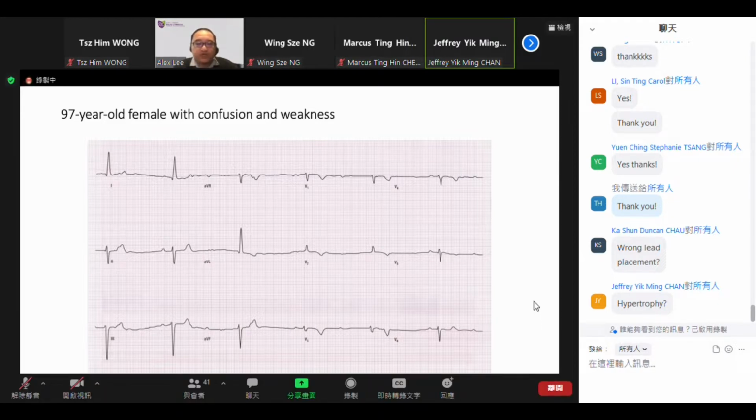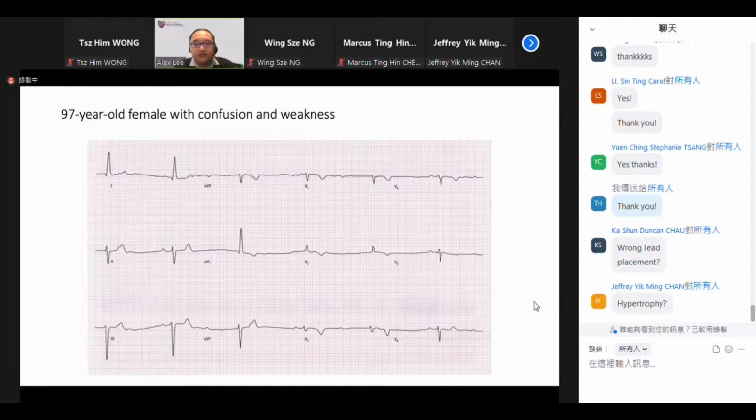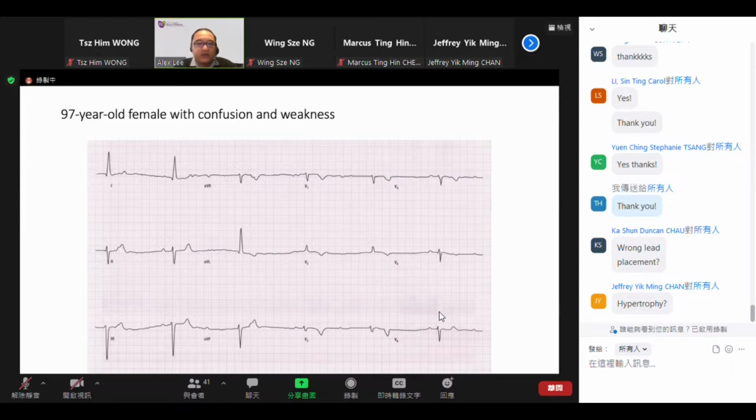When the Sokolow's criteria is negative, the Cornell's criteria may still suggest LVH in some patients. So if it's more than 12 millivolt, 12 small squares in the AVL R wave, then it is LVH. Plus, this patient has also left axis deviation.